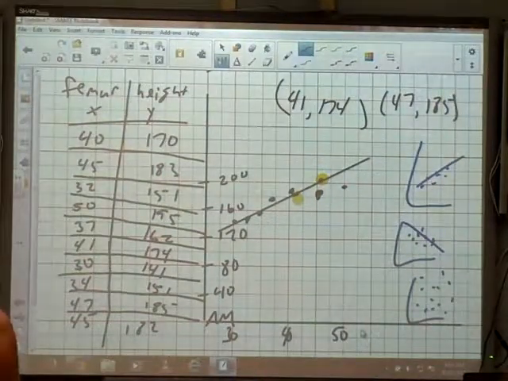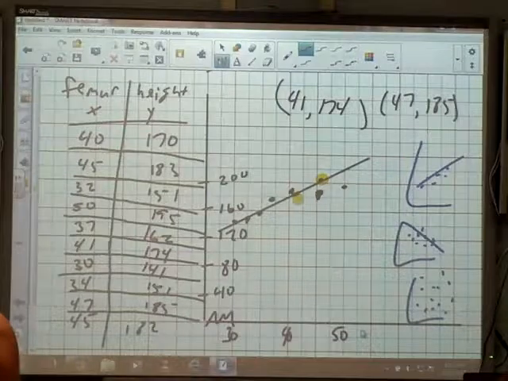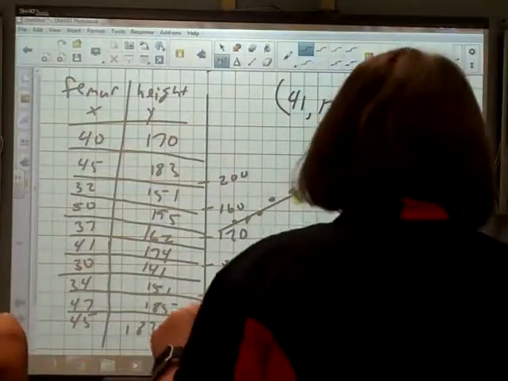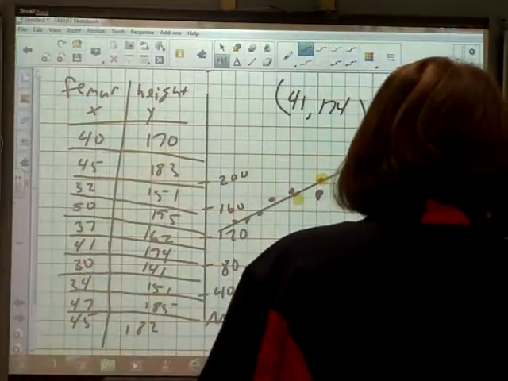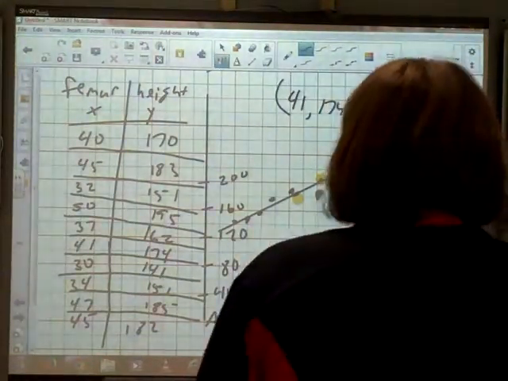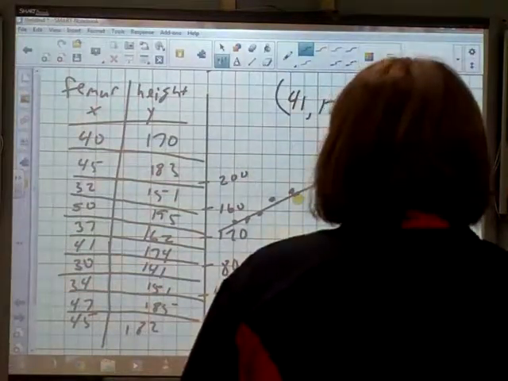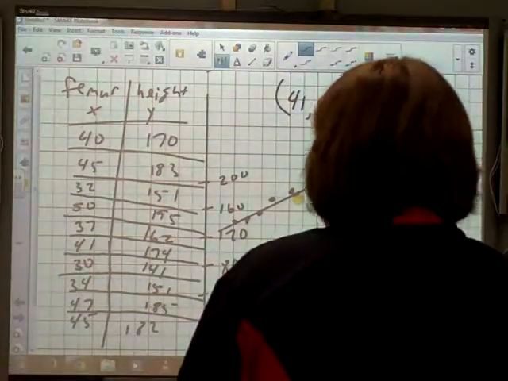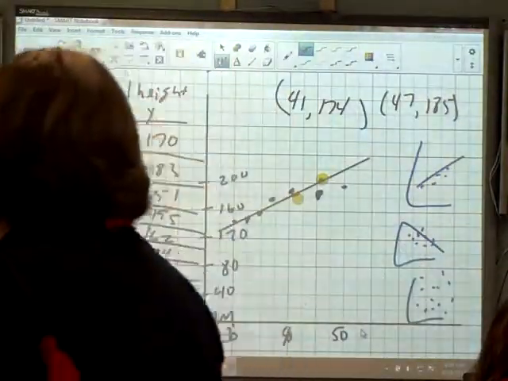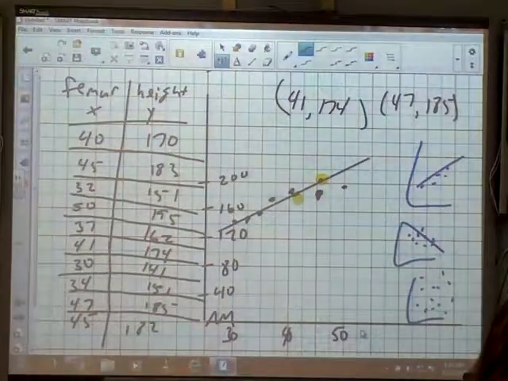Okay, listen real quick, because this is fixing to be the shortest homework assignment you've ever had. What I want you to do for Monday is bring me back the equation for that line using those 2 points. So write down those 2 points so you'll at least know the right 2 points to use. 41, 174 and 47, 185.